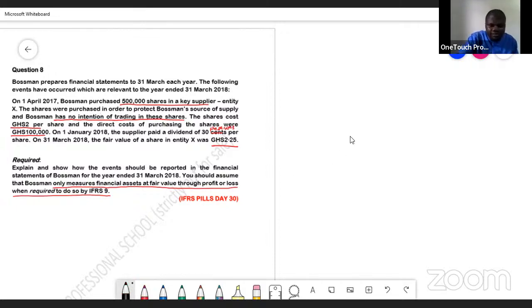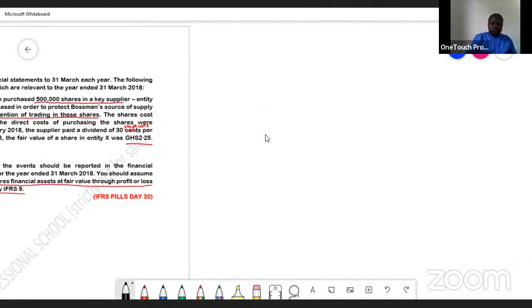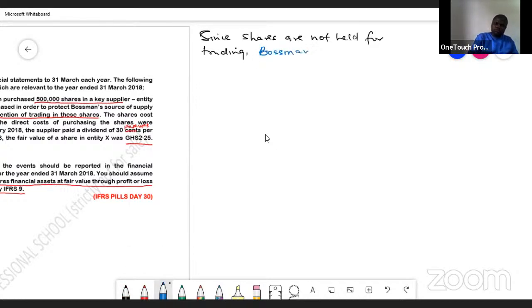We'll just say that since the shares are not held for trading, Bossman on initial recognition must make an irrevocable election.